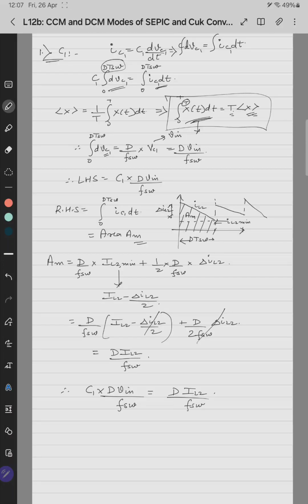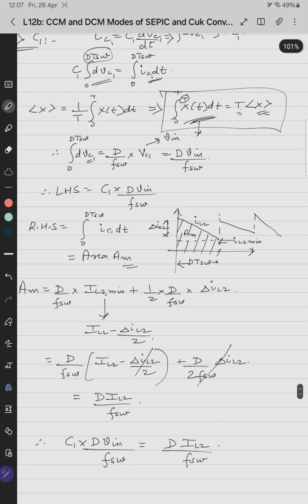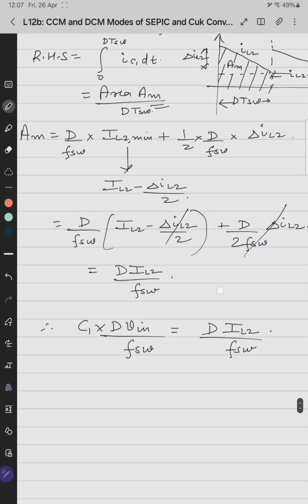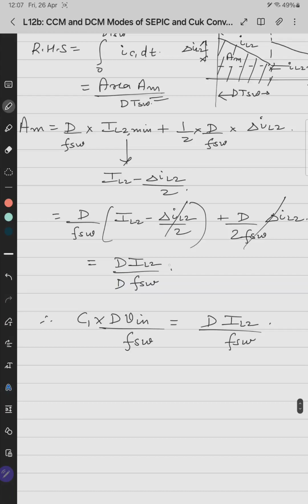So actually here there is something missing. RHS is integral of 0 to D T switching of IC dt, which is area, which I have said is area by M, but actually it should be area by T into the time, that is D into T switching. So into D by F switching, this will get cancelled, so it will be IL2.